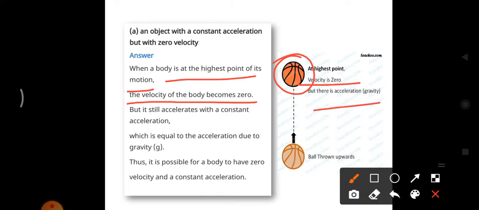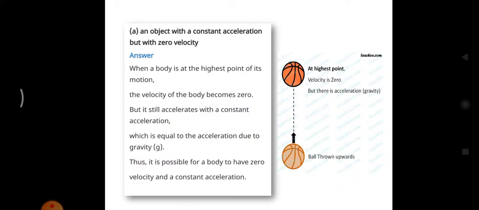Accelerated means due to the earth's gravity it is accelerated, but the velocity of the object is zero. But it still accelerates with a constant acceleration. This acceleration is equal to the acceleration due to gravity. So it is possible for a body to have zero velocity and a constant acceleration. So this case is possible.